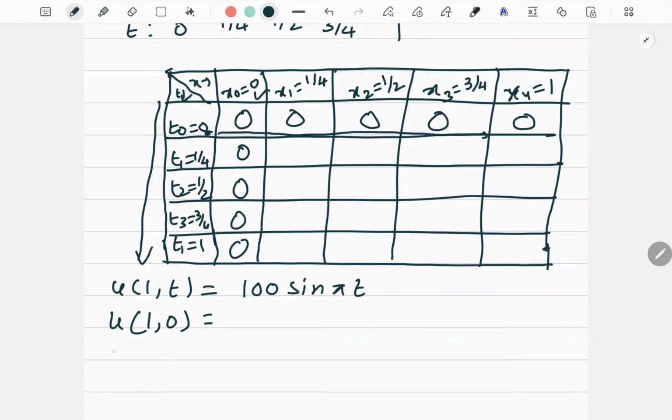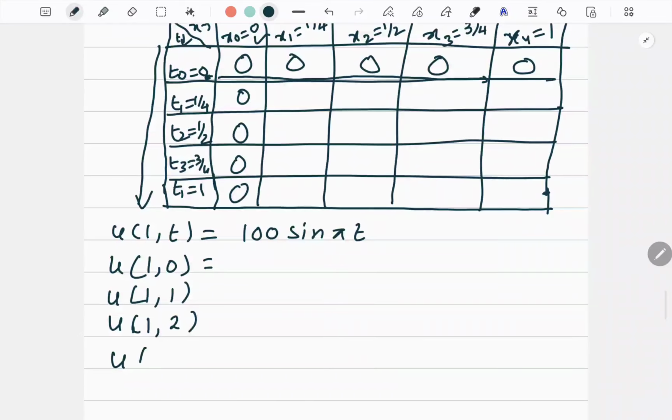So this will be u(1, 1), u(1, 3). Here 1 is fixed, t is only changing, right? Now see, I am not talking about the position. I have intentionally written like this. How you have to think? They are writing the value, not the position.